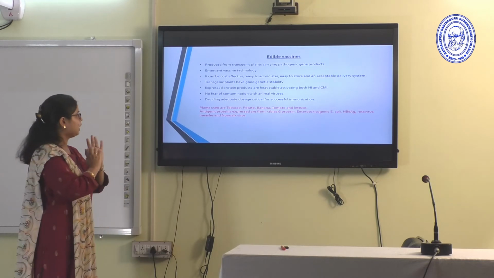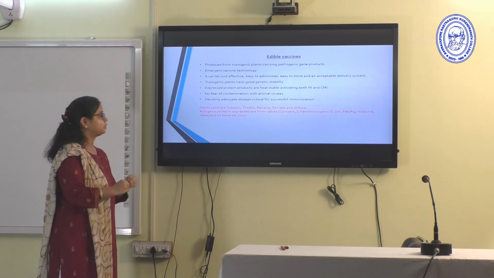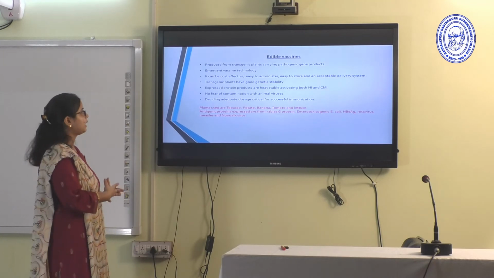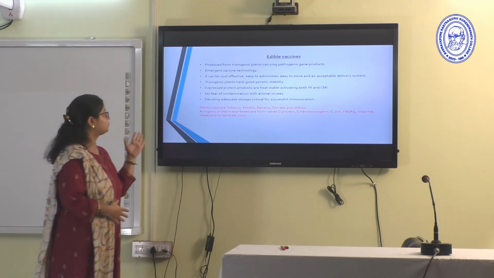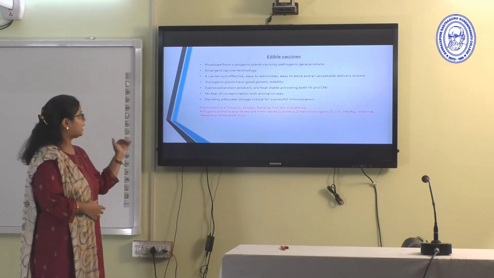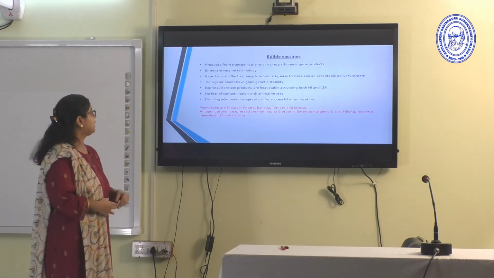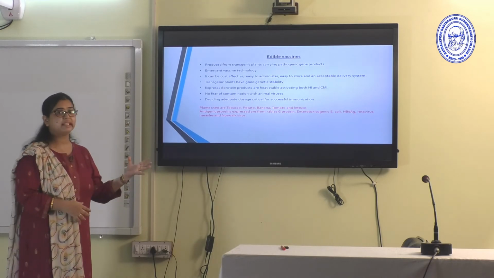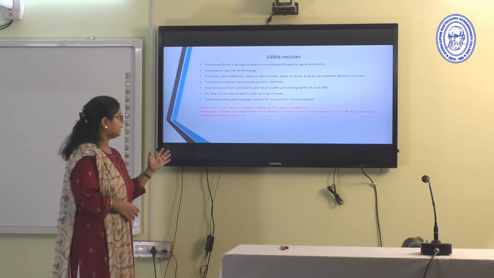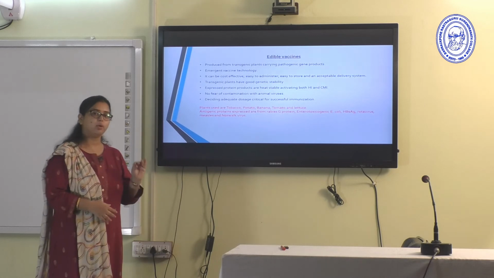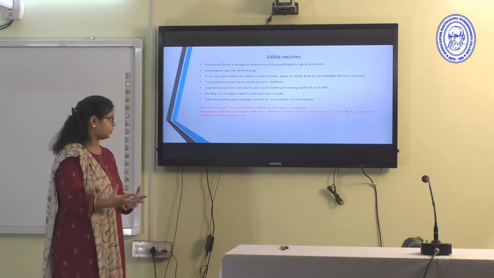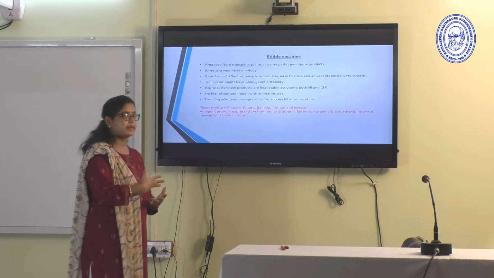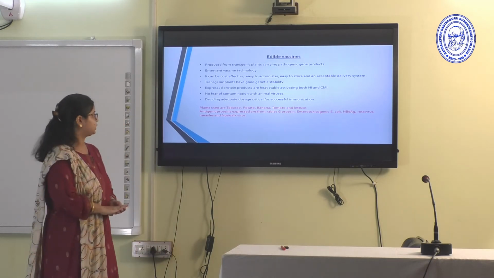Research is going on in edible vaccines, which are produced from transgenic plants carrying pathogenic gene products. It is an emergent vaccine technology. If successful, it can be cost effective and easy to administer, and the storage criteria will be easier.